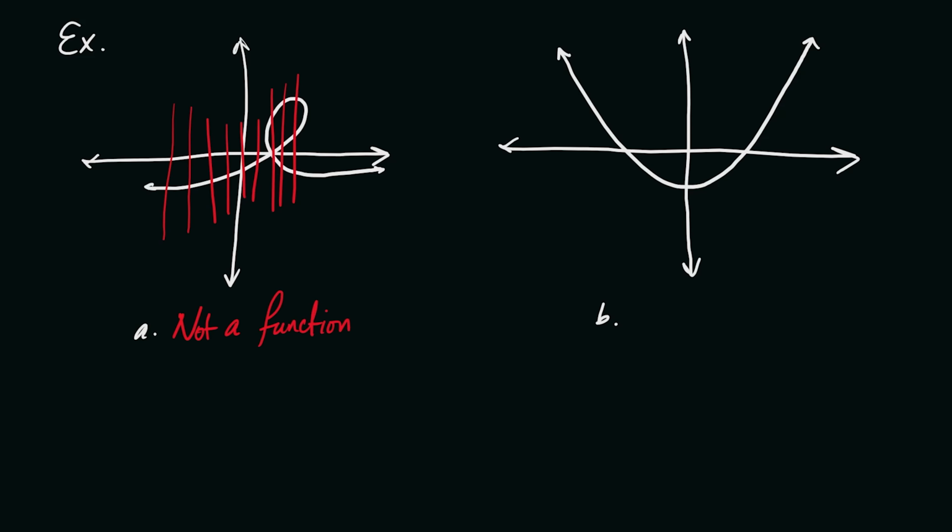Now let's take a look at B. Any vertical line that I draw here only passes it by 1 point, right? So we can say that this is a function. With check mark, of course. So that's how we find out if this is a function or not.